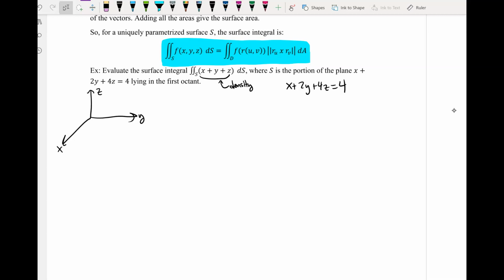We're looking at the first octant, so let's find our x-intercepts, y-intercepts, and z-intercepts. You can see when y and z equal 0, you're just going to get x equals 4. So in x, you're going to go all the way up to 4. When you let x and y equal 0, you're going to see that 4z equals 4, so z equals 1.